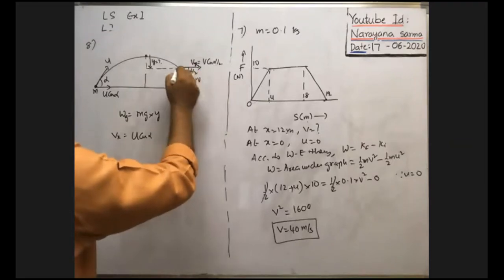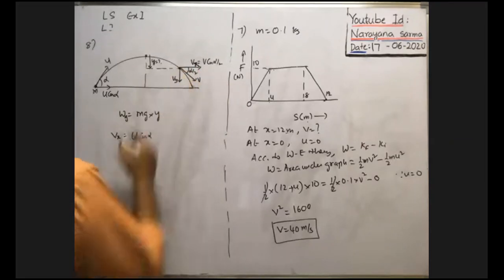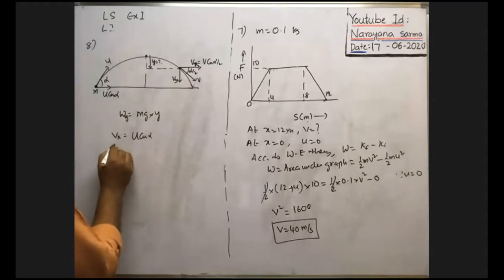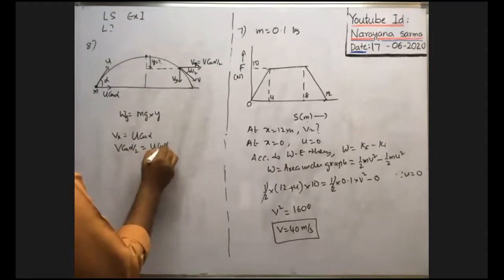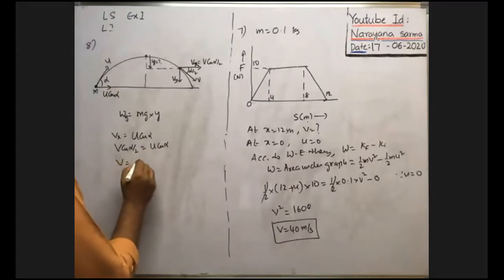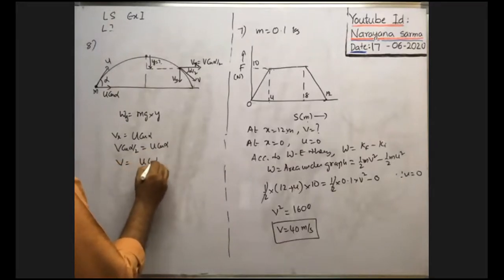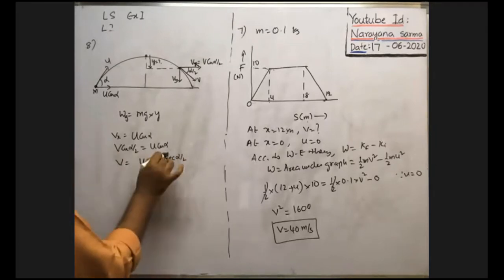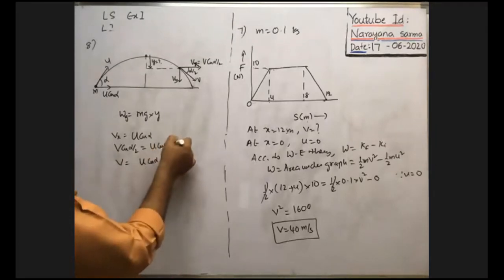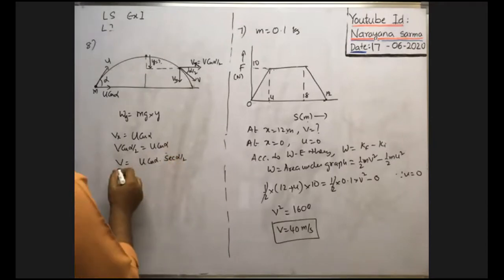We can write now the vertical component of velocity, say vy. From this, vx, which is v cos alpha by 2, is equal to u cos alpha. So from this, v is equal to u cos alpha into secant alpha by 2, because dividing by cos alpha by 2 means secant alpha by 2 in the numerator. It is the velocity.